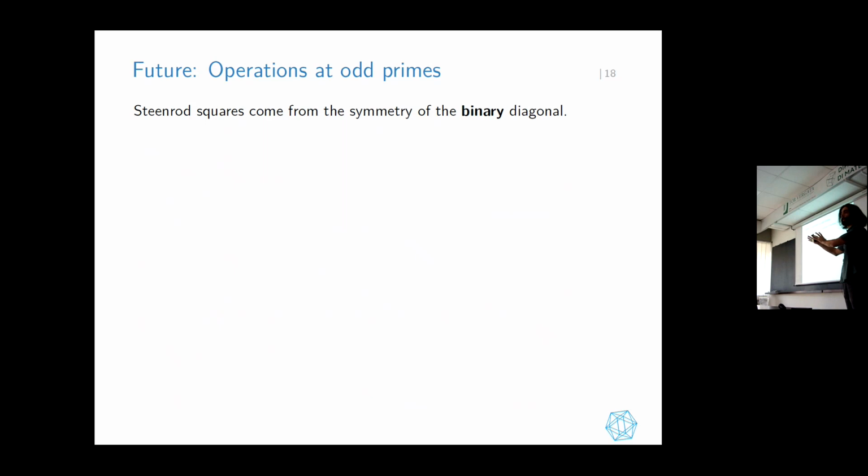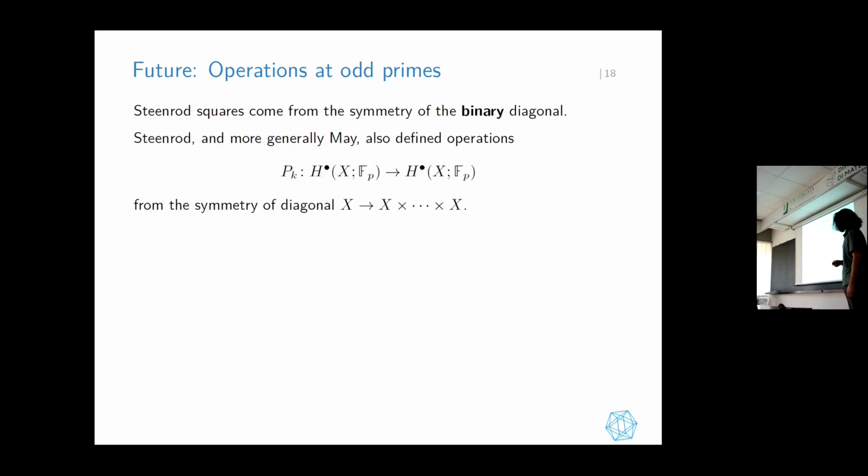And I would like to remind us that Steenrod squares come from the broken symmetry of the binary diagonal, right? X goes to X times X. So we have, coming from higher diagonals, X goes to X times itself P times. And this structure is there, and it was defined only through group theoretic means. So it was not an effective construction.